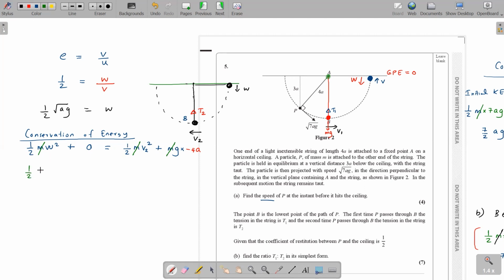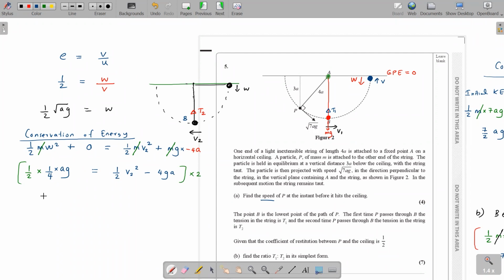Half into W square will be 1 over 4, since half squared is 1 over 4, and root AG squared is just AG. Do you agree with me? This is half V2 square. This is minus 4GA. Multiply everything with 2 to get rid of the half in V2.